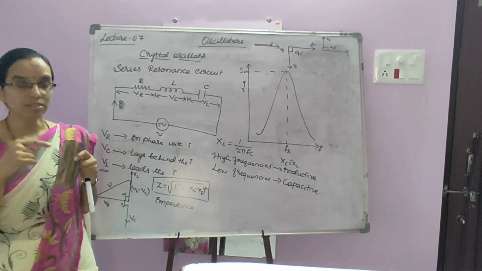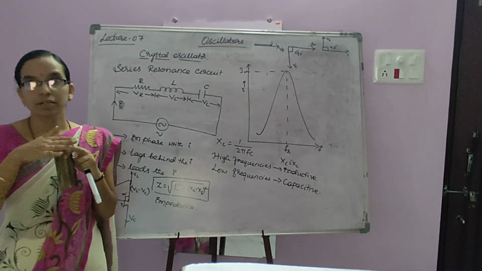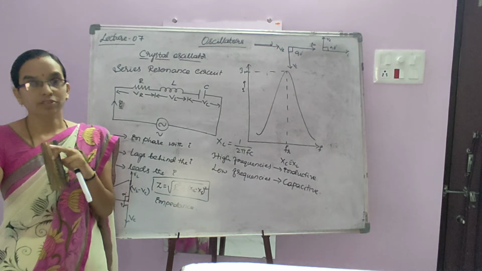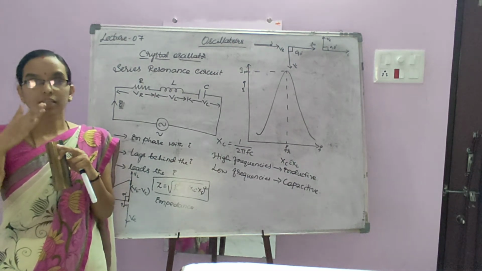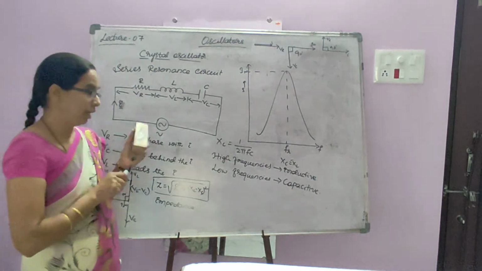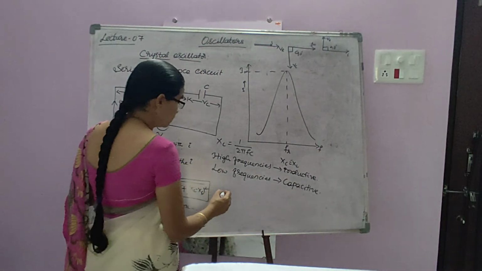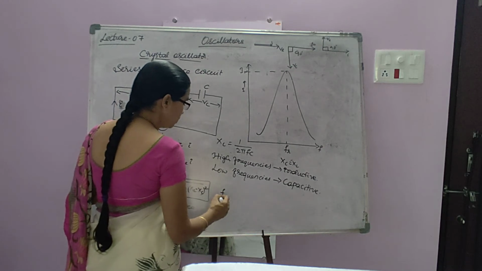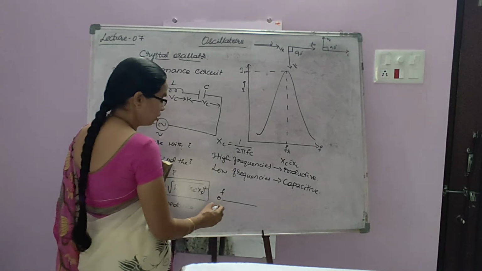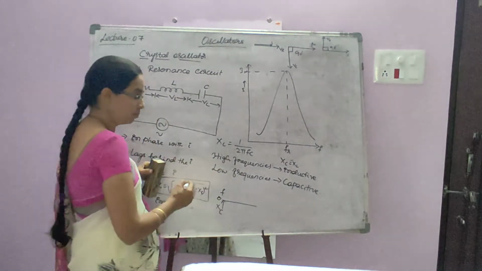So if the frequency increases, inductive reactance increases. If the frequency decreases, then capacitive reactance increases. So as the frequency starts from 0, at 0 frequency XC will be maximum.